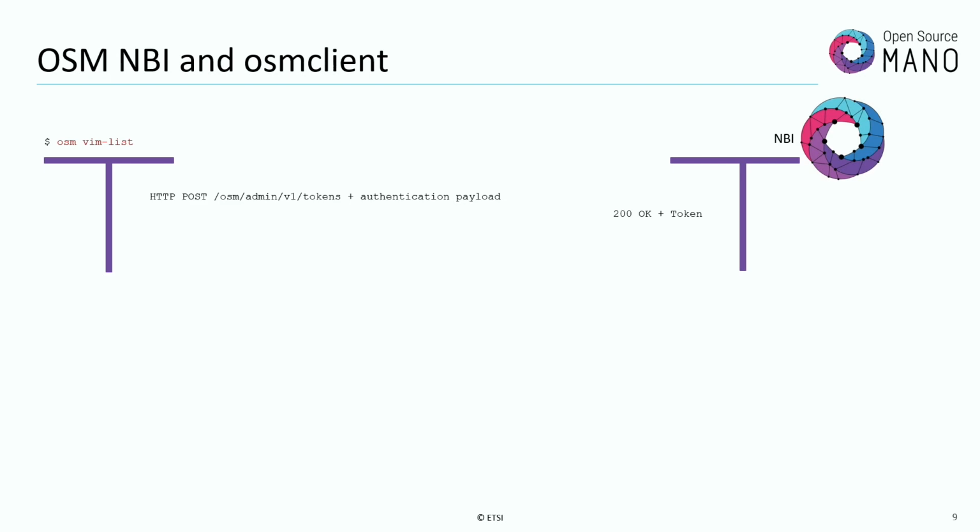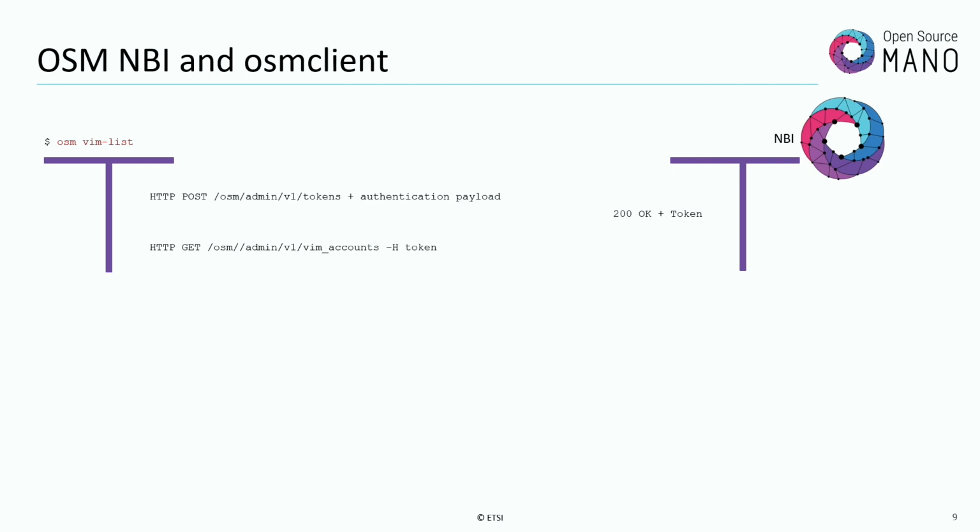Now this token has, I can't remember what the lifespan of it is, like 5 minutes or something like that. Because the OSM command is basically a shell Python script, it's a process that starts up, gets the token, uses it as many times as it can, and then when this program exits, that token is forgotten about. So every time you invoke the OSM client, it is going to start by asking for a token for the login.